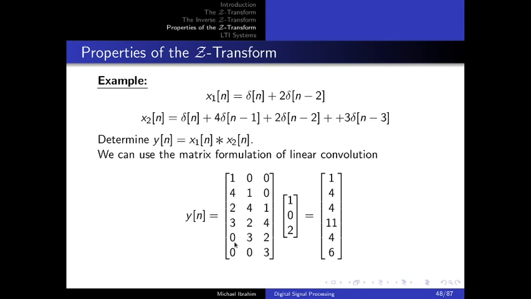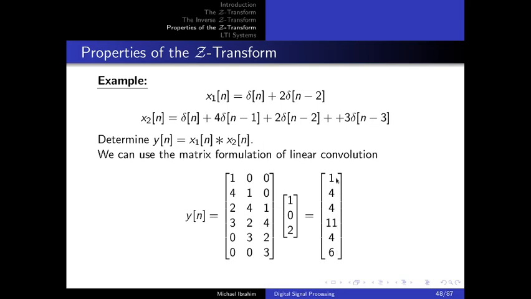And if you remember, the dimensions should be like this. This is 3 by 1, and this other sequence has 4 samples. So we expect the output to be 4 plus 3, which is 7, minus 1, which is 6. So this matrix should be 6 by 3. If you do the matrix multiplication, you will get this output: 1, 4, 4, 11, 4, 6.